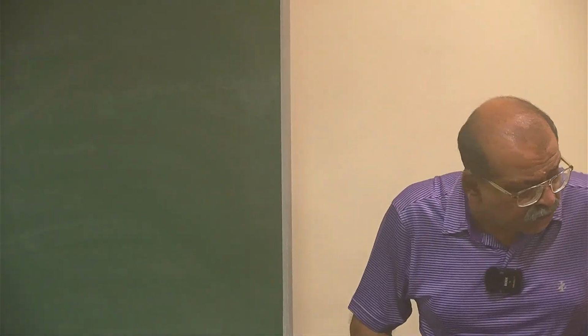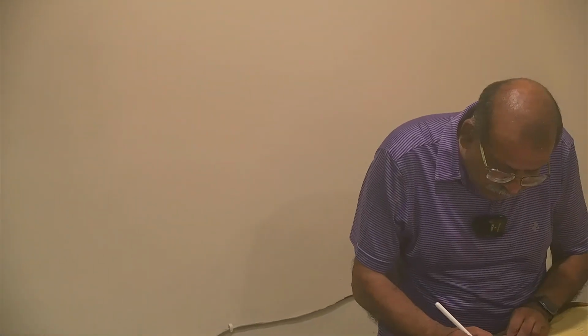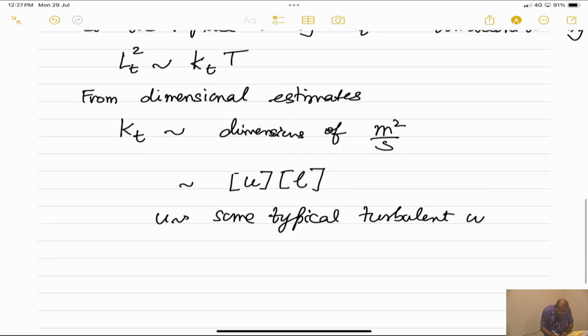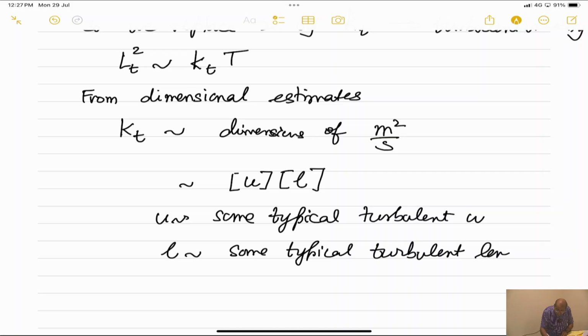Now because this is turbulent, u will have to represent some typical turbulent u, and L will have to represent some typical turbulent length scale.